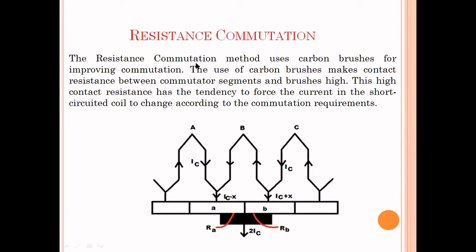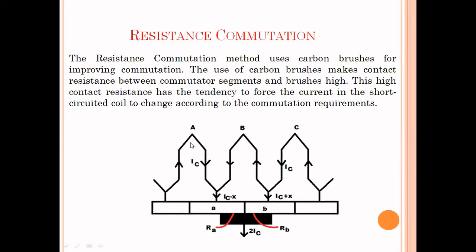The resistance commutation method uses carbon brushes for improving commutation. The use of carbon brushes makes the contact resistance between the commutator segment and brushes high. This high contact resistance has the tendency to force the current in the short-circuited coil to change according to the commutation requirement.